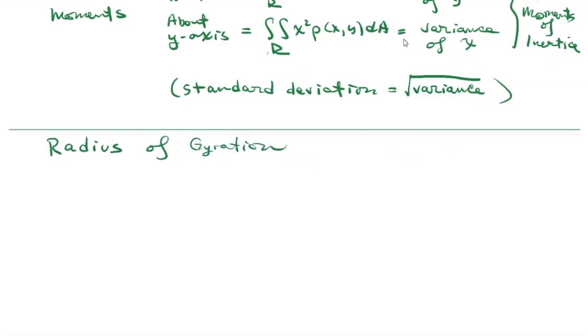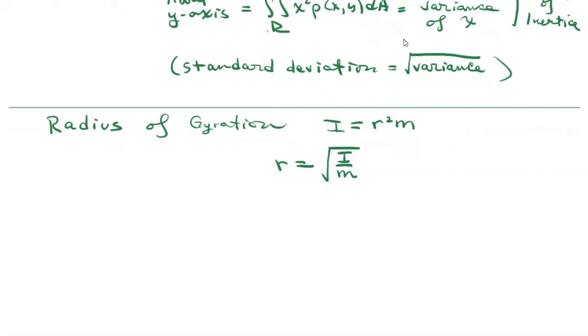Just remember the moment of inertia is like mass times distance squared, and I'll use r for the distance. So if you solve this for r, you get r is the positive square root of the moment of inertia divided by mass. Okay, so this again is called radius of gyration.